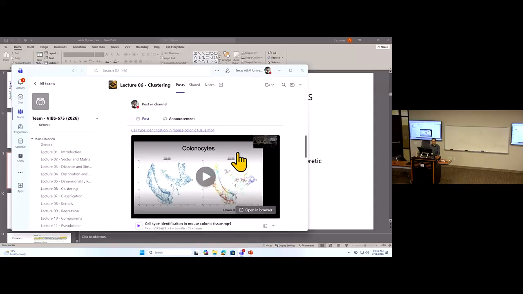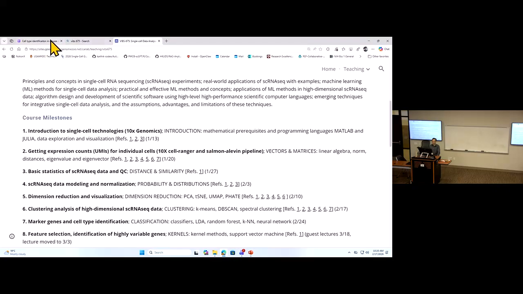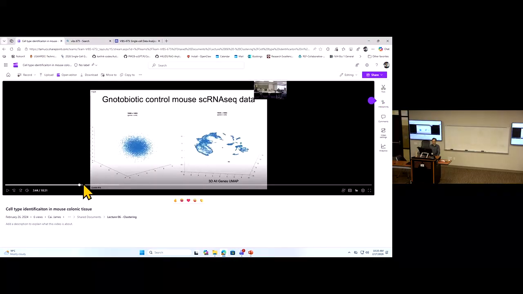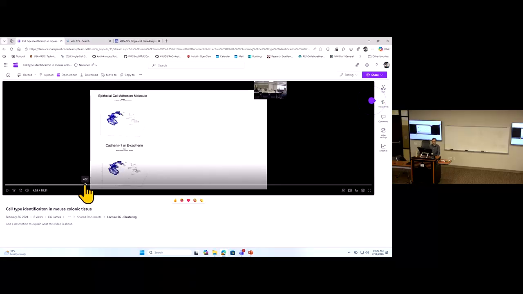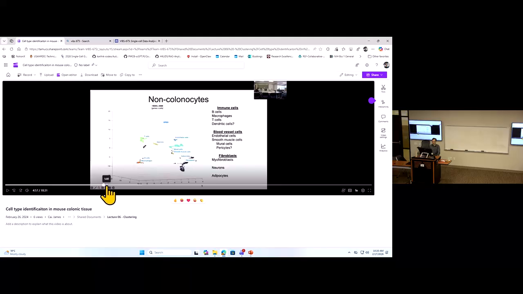This is a real application in cell type annotation from another lab meeting of ours. We had a discussion on utilizing clustering first to cluster cells, and then how the annotation will be done based on the results of this clustering. We will watch this in the computer session, on Thursday.